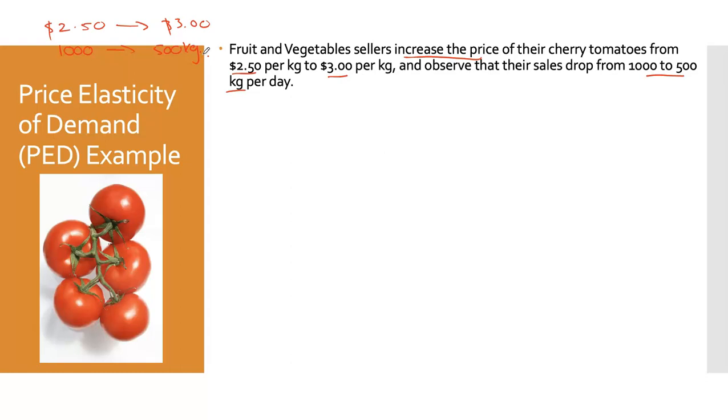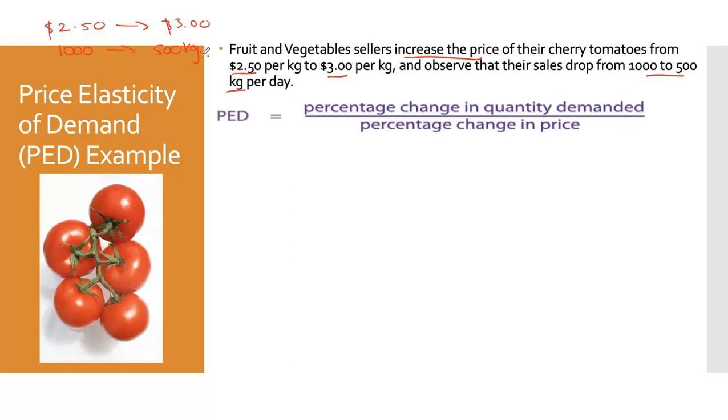But let's calculate the price elasticity of demand. Understanding it's the percentage change in quantity demanded divided by the percentage change in price. So our quantity demanded has gone to 500 from 1,000, and we've gone from $2.50 to $3 in our price.